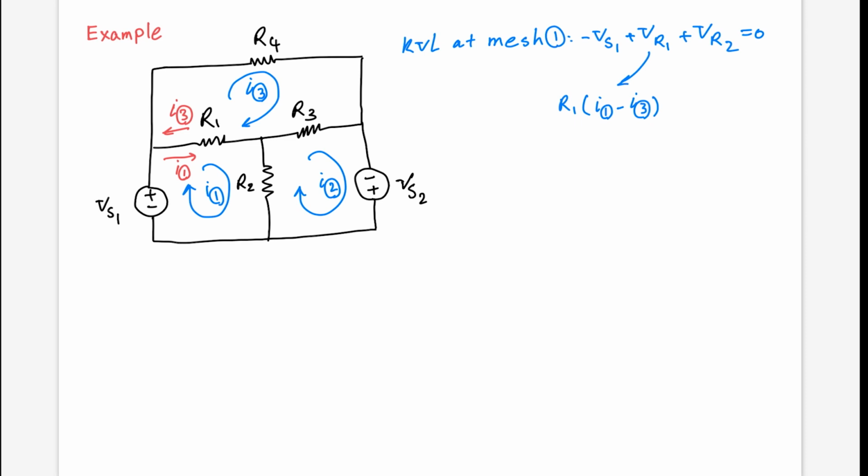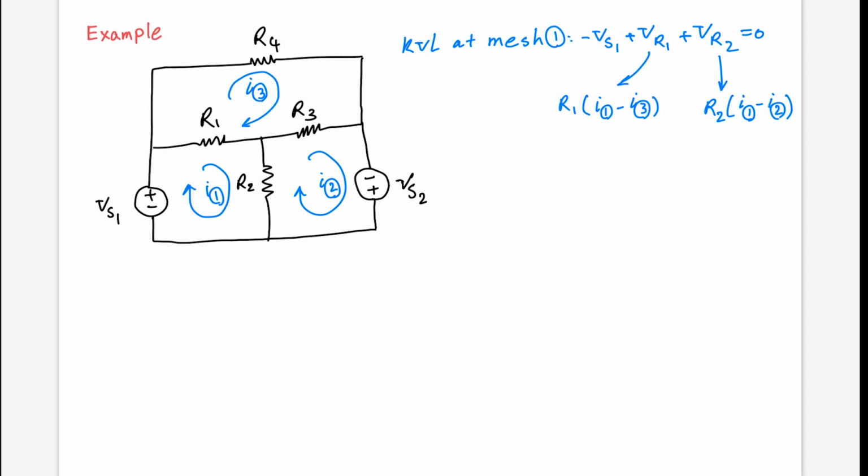So let me clear this part. And also VR2 is R2 times I1 minus I2. Why?